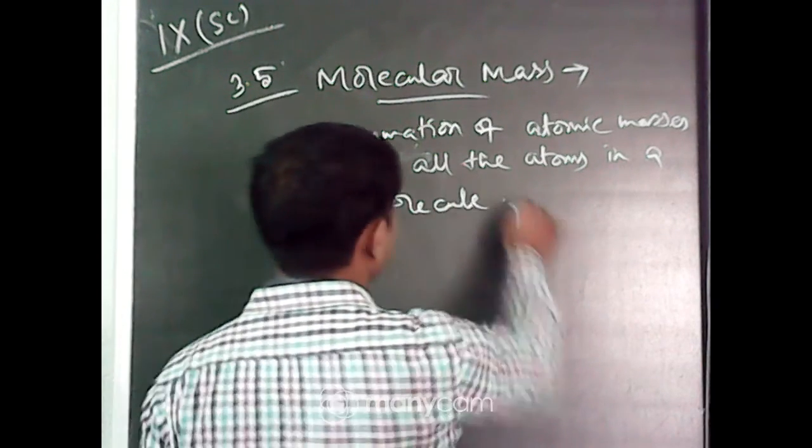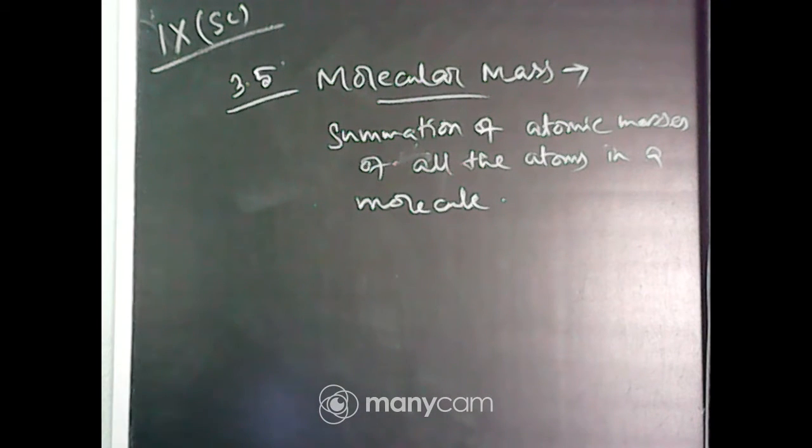You can also see the definition given in your NCERT book, that the molecular mass of a substance is the sum of the atomic masses of all the atoms in a molecule of the substance. Okay, it is similar to that.